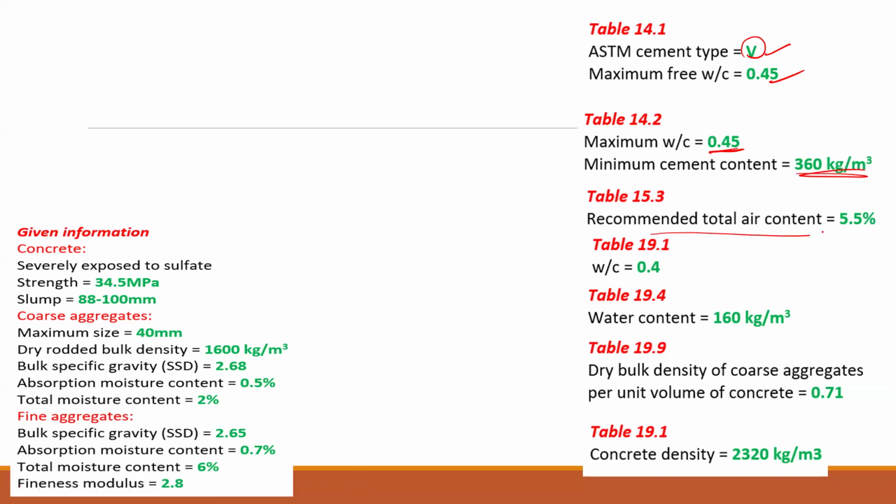Then recommended total air content, 5.5%, and effective water to cement ratio, water content, the percentage of dry rodded bulk aggregates in the concrete mix, and also the total weight of the fresh concrete. So these ones are from the tables and these ones are from the question. Any question up to here? Okay, now let's.